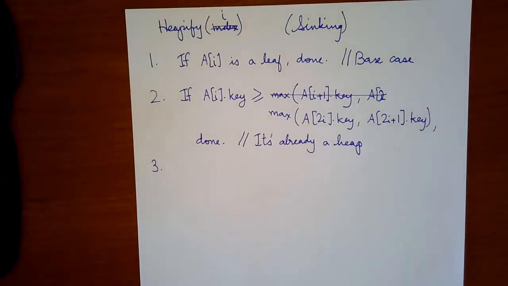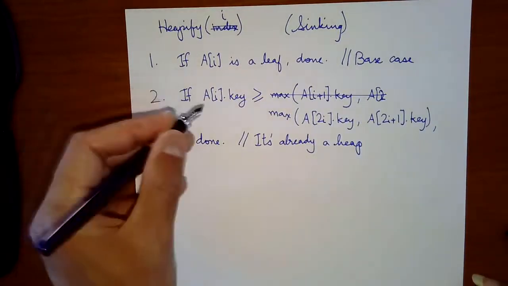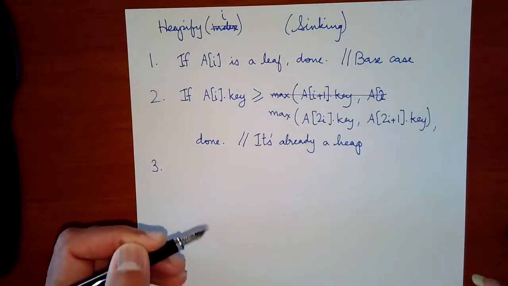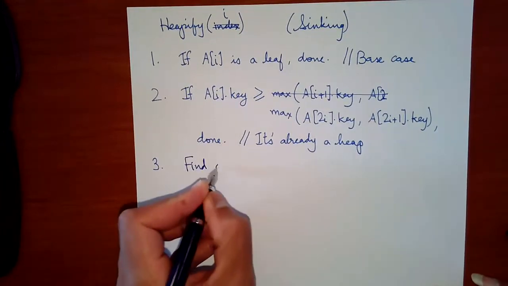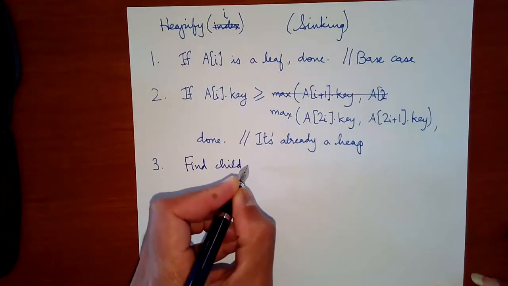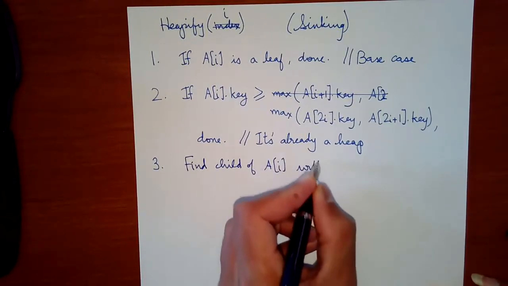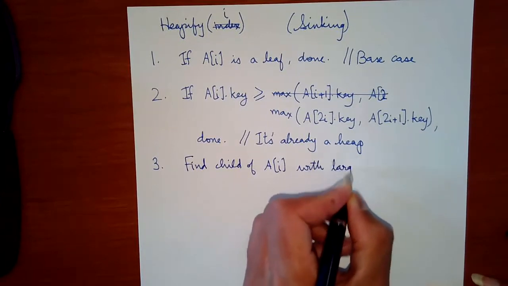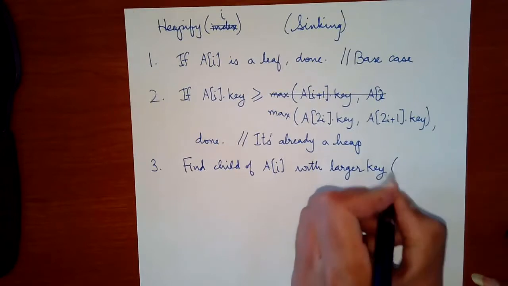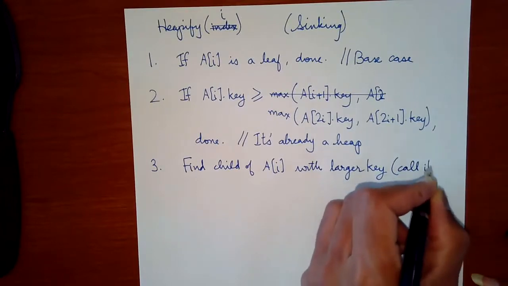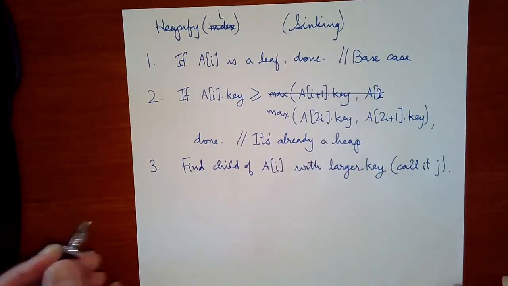Okay, so now suppose neither of these conditions hold, and this is where it gets interesting. I'm going to find the child of A of I with larger key, and I'm going to call it J. So J is either 2I or 2I plus 1, depending on how they compare.